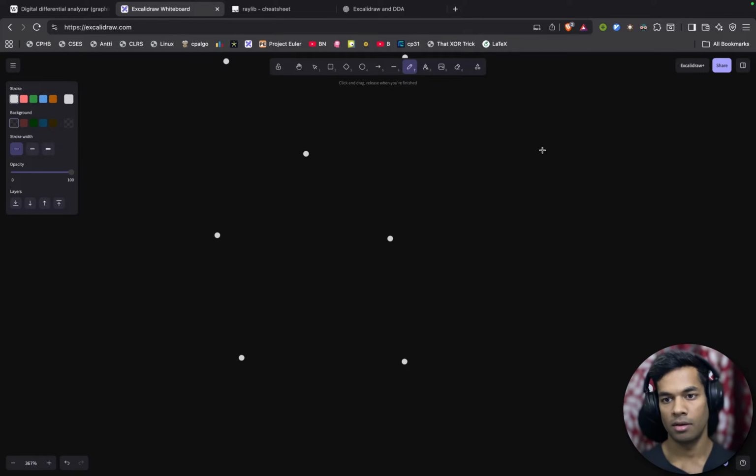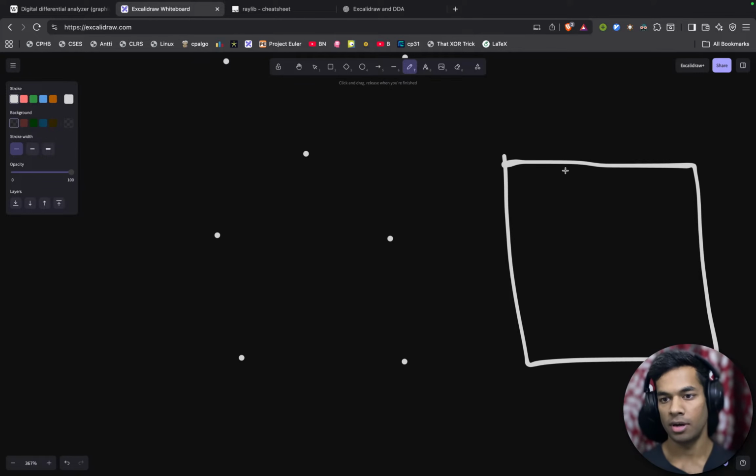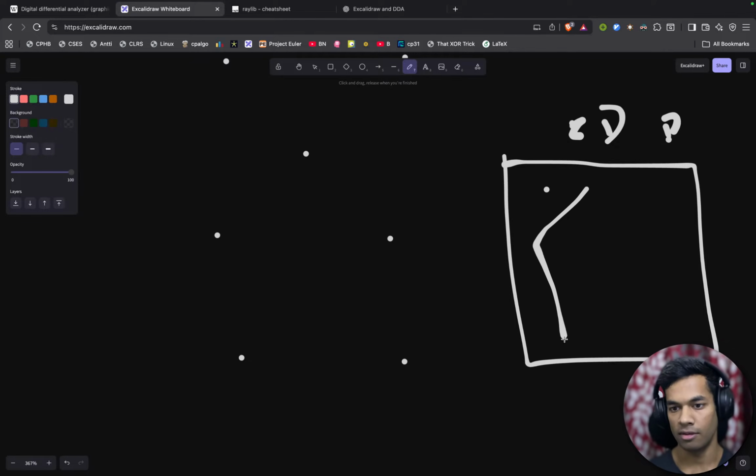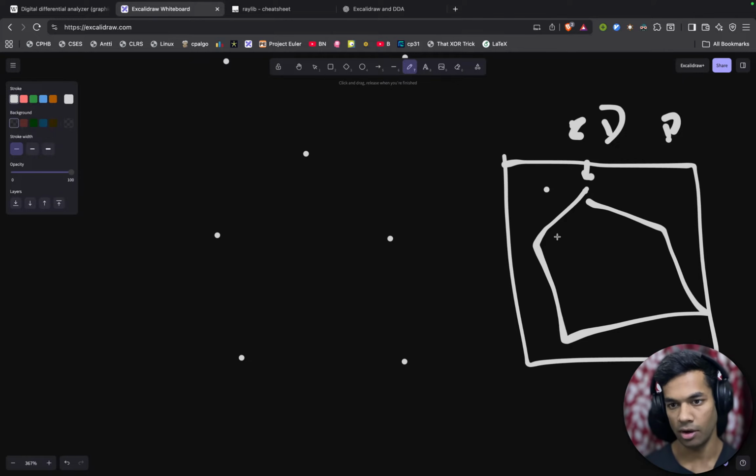We do not have a two-dimensional grid of pixels, also called a texture, which has the data that this pixel right here should be of this color and stuff like that.